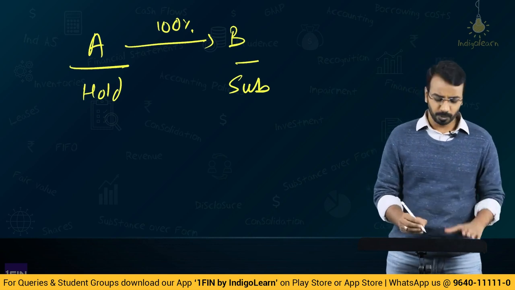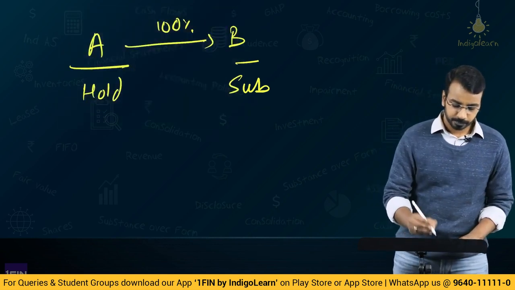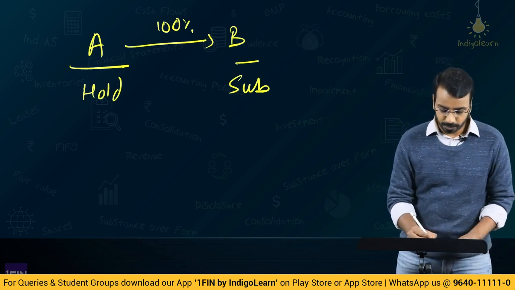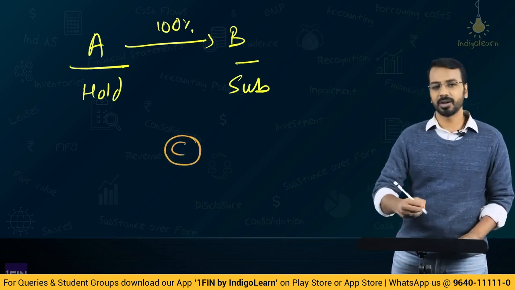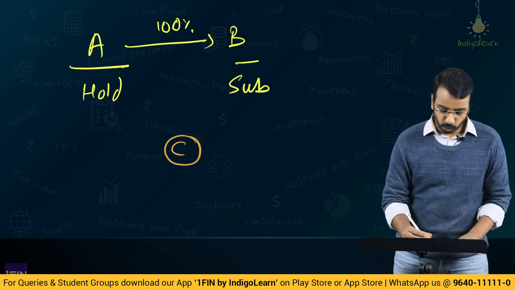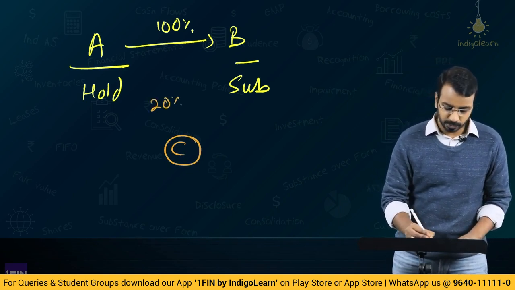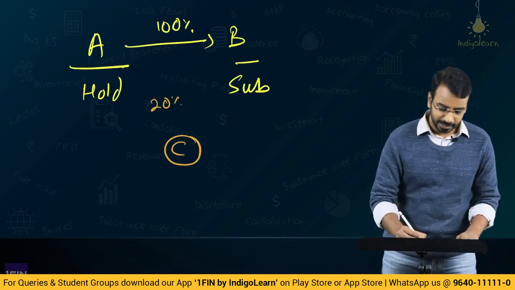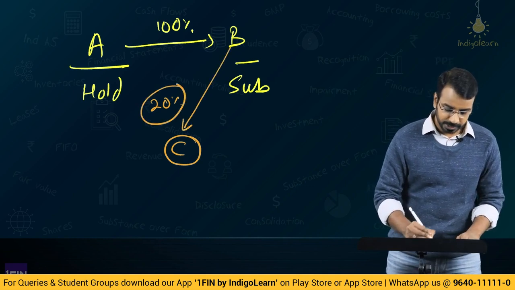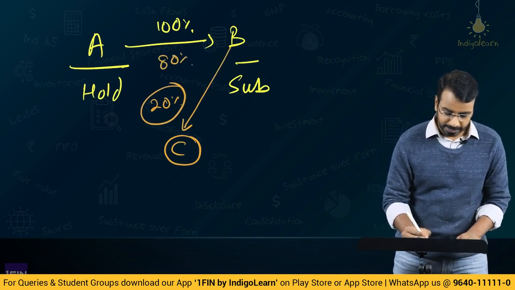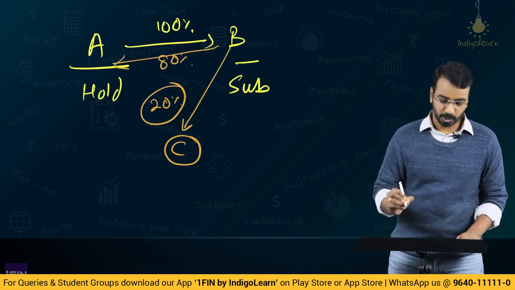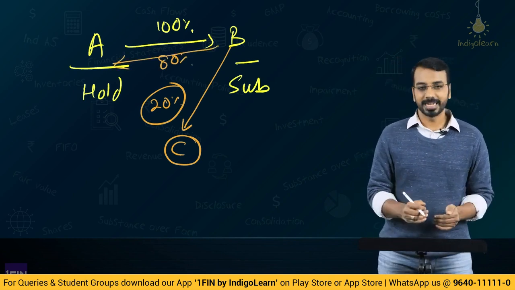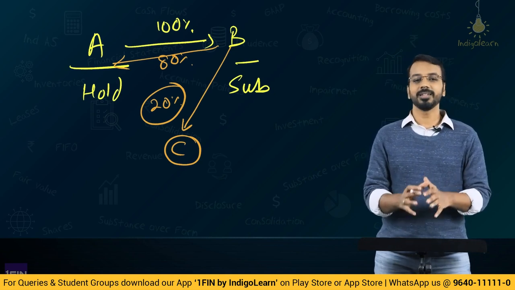Say for example, after a certain period of time, A sold 20% stake which it holds in B to another investor called C. So basically now after the sale, C holds 20% in B, A holds 80% in B. Earlier it was 100%, now A holds 80%, C holds 20% in B.